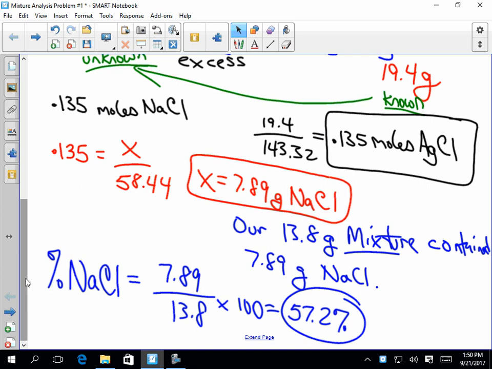So it's really as simple as 100 minus 57.2 gives me the percentage that was KNO3, or potassium nitrate, problem number 4 on this page. Once we know the percentage of one, it's like, hey, what percentage of the students in this room are right-handed? Okay, we'll say 75%. Well, then the lefties must make up the other 25%. It's got to add up to 100%, okay?